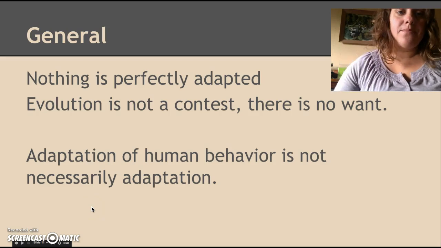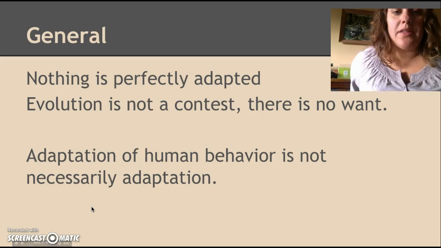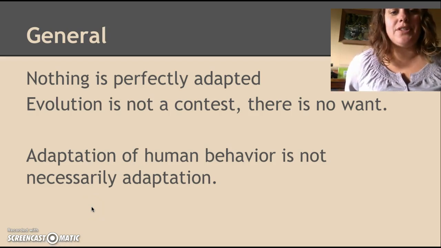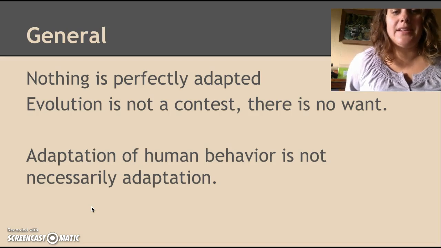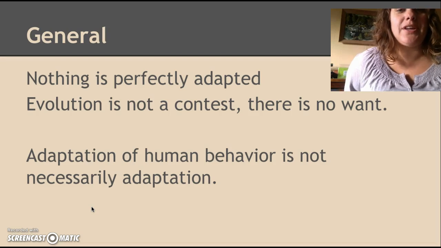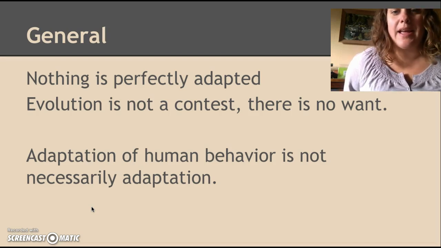Some other things to mention, and Phil mentioned this as well: nothing is perfectly adapted. Evolution is not a contest in the way that there is one specific perfect creature that everything is striving to be. It really has to do with filling a particular ecological niche and responding to the environment at hand.